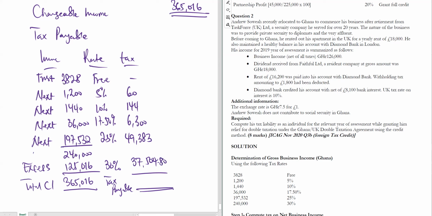Okay, so what's the total tax payable? That is 93,391.8.